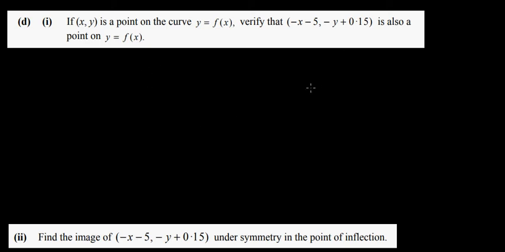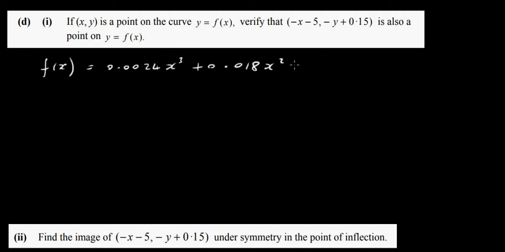So we have our original function here. Original function was f of x is equal to 0.0024x cubed plus 0.018x squared. And we're told that we have to verify that this point is actually on this curve here.